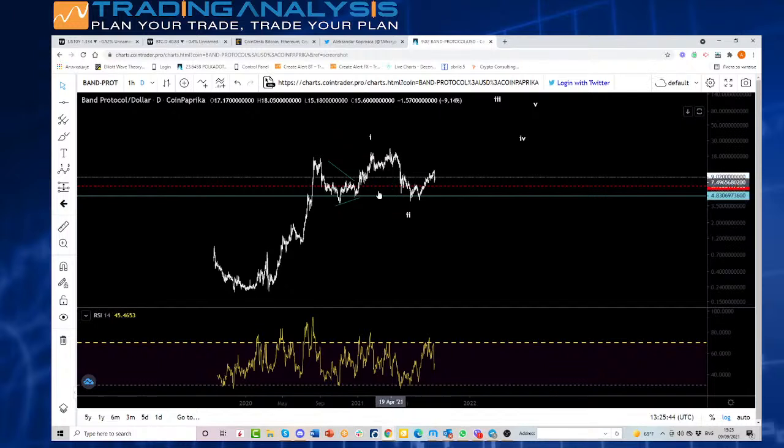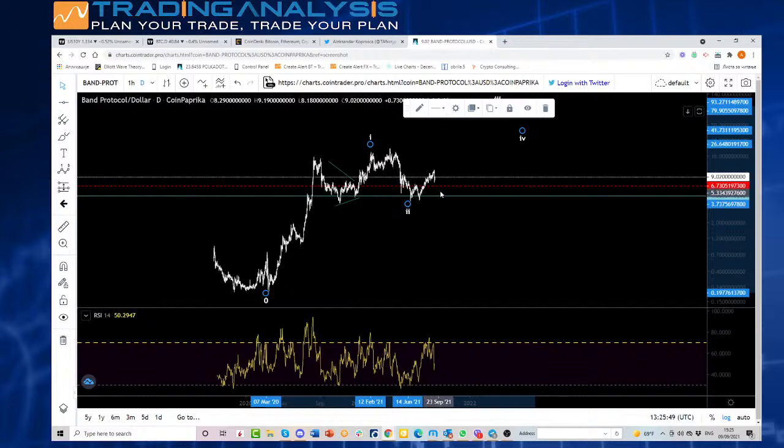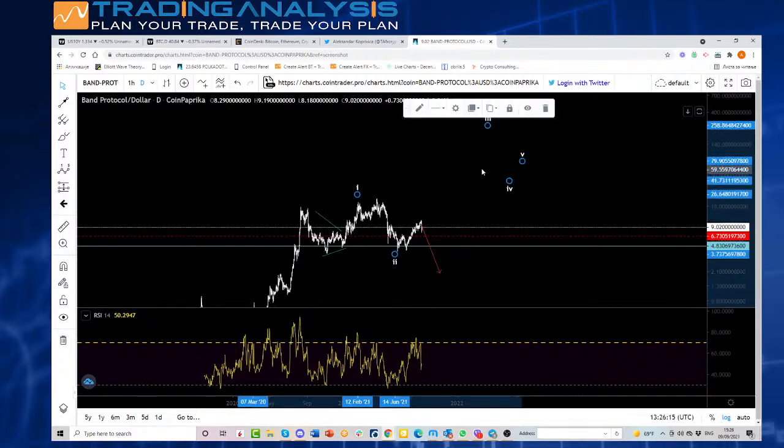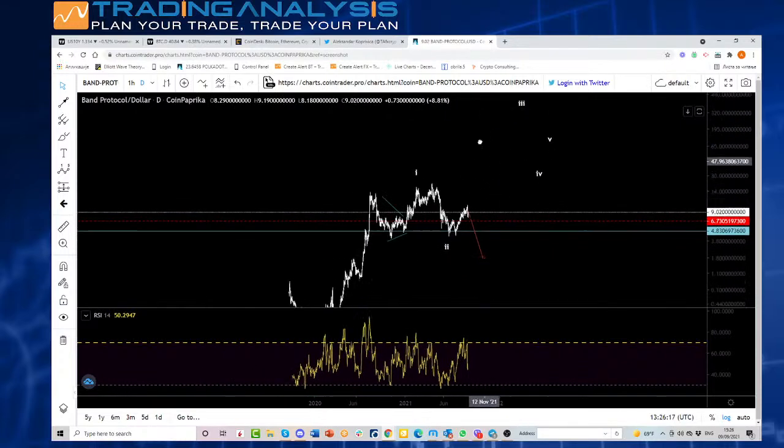I will just watch what is going on there, and if we see a break of these two lines, I will definitely look for lower levels, depending on what happens on other cryptos. Then my target will be around 1.5 for the further upside. So I will wait for this to develop further, and maybe on a possible breakout, I will look for a third wave development, which has a lot of room to go on the upside.